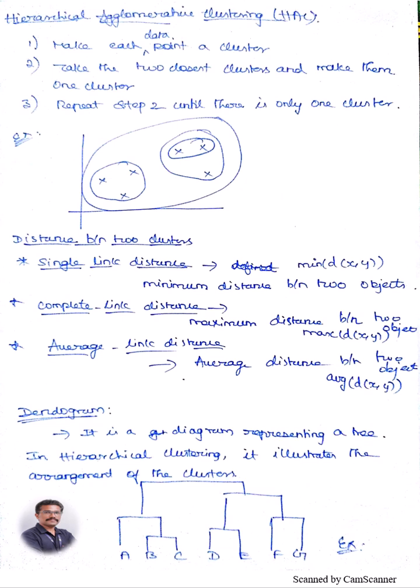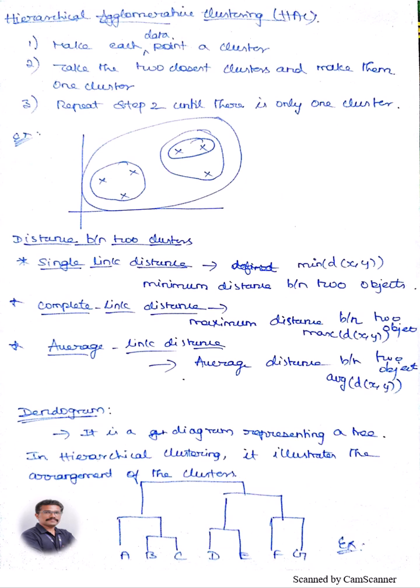In hierarchical clustering, a common term we use is the dendrogram. A dendrogram is a diagrammatic representation of a tree, a tree-like structure that illustrates the arrangement of clusters. An example is given below.